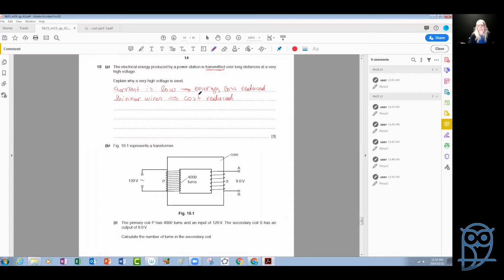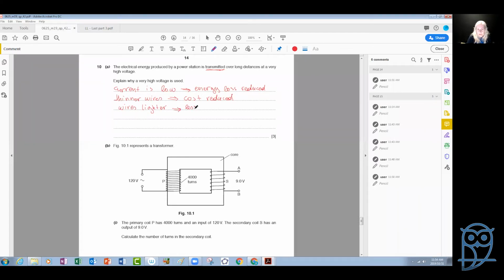And also, if the current is low, the wires can be lighter. They are not very heavy. Wires are lighter by making them thinner, which means that they don't need so much support anymore.